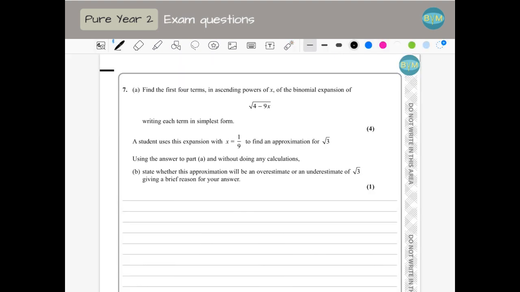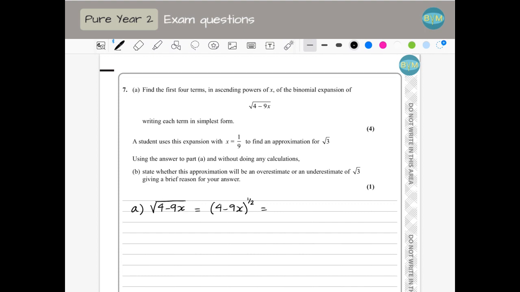For part a, I have the square root of 4 minus 9x, which means I have (4 minus 9x) to the power of 1/2. That's why I have to use that formula and not the GR12 formula. But I need a 1 here, so I'm going to factorize. I'm going to get the 4 outside, divide everything by 4 and write a 4 at the front.